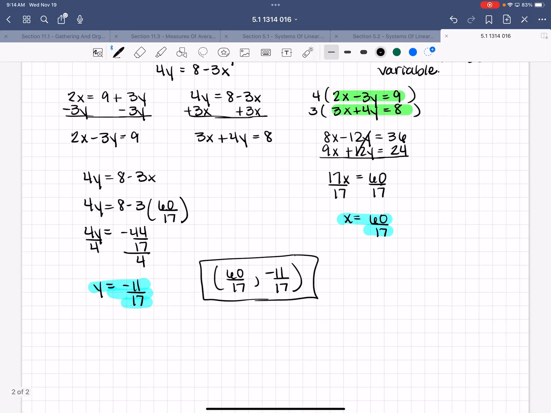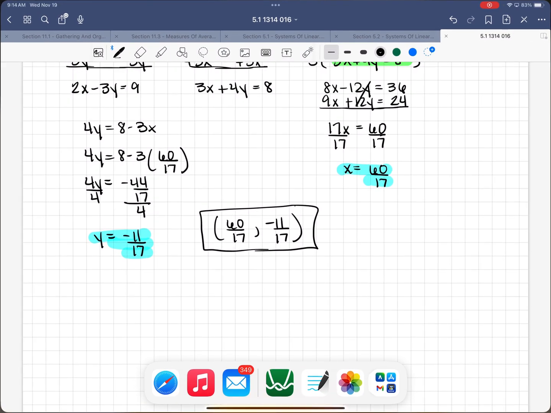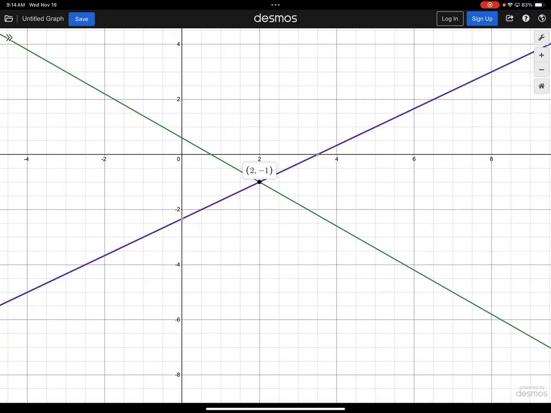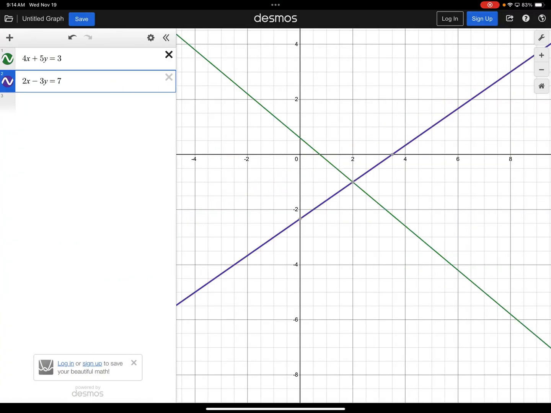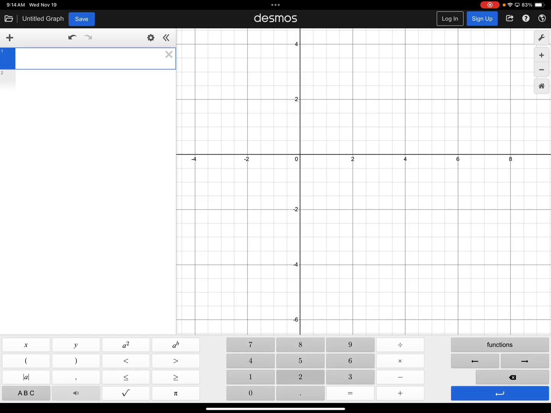This was example 4. I had 2x equals 9 plus 3y, 4y equals 8 minus 3x. And I'm going to go over here to Desmos. We'll probably have to do a little bit of extra work there because it's going to give me a decimal. Equals 9 plus 3y.